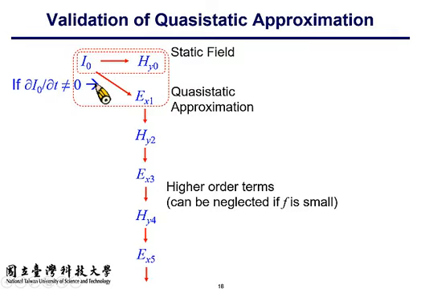Because this structure is driven by a current source, the fundamental term is the magnetic field, Hy0. And if the current is time variant, it shall produce the EX1 term. So together, the Hy0 and EX1 terms are the so-called quasi-steady approximation, which is enough to describe circuit behavior in the low frequency region.